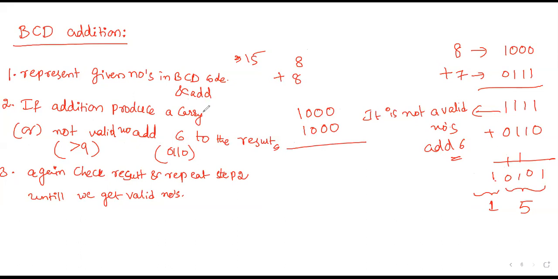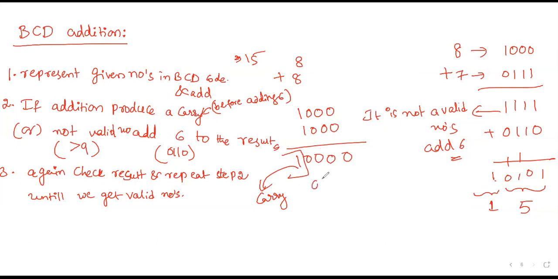If the addition produces a carry before adding 6, you have to add 6 to the result. So here 1 plus 1 means 10. So when you are adding 4 bits, you are getting 1 bit extra. So this is a carry. If there is a carry, add 6 to the result.